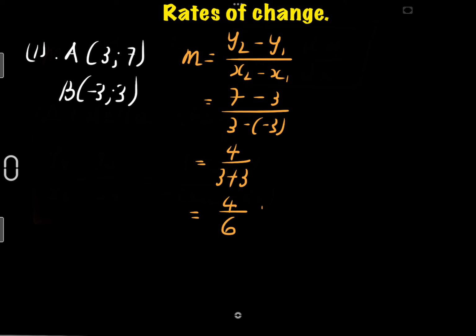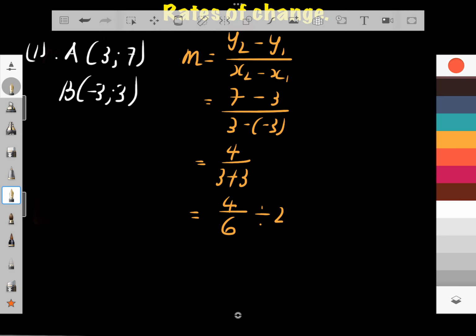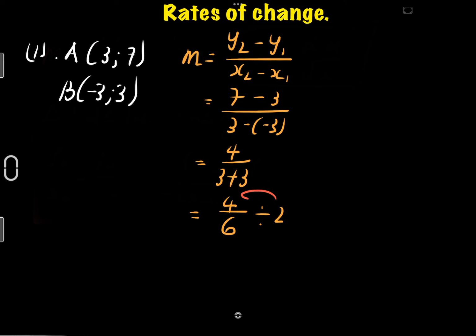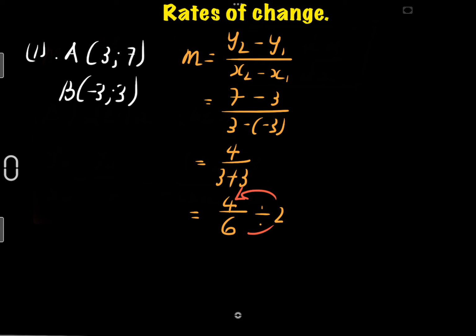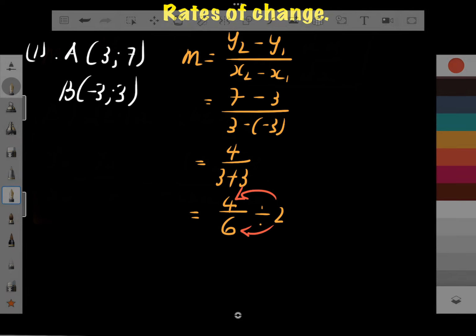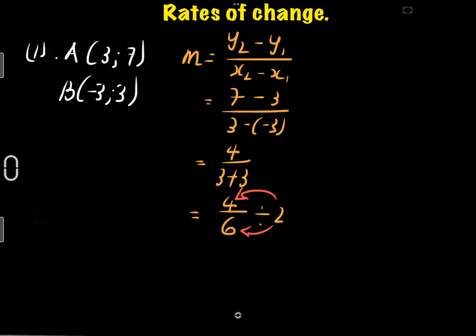So essentially, what we can do is simply divide both sides. In fact, 2 can enter into both numbers. I'm just using this for illustration purposes. So 2 can enter into 4 twice, and 2 can enter into 6 3 times.